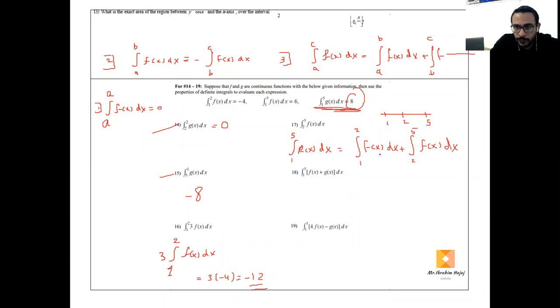He's asking from 2 to 5, so this is your requirement. Let it be x. The part from 1 to 5 is 6 and the part from 1 to 2 is negative 4. You take it to the other side and it becomes positive. We solve it like an equation, so it's 10.